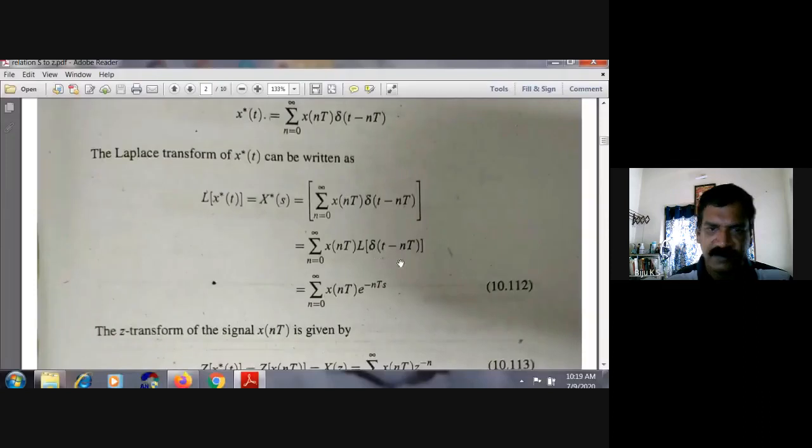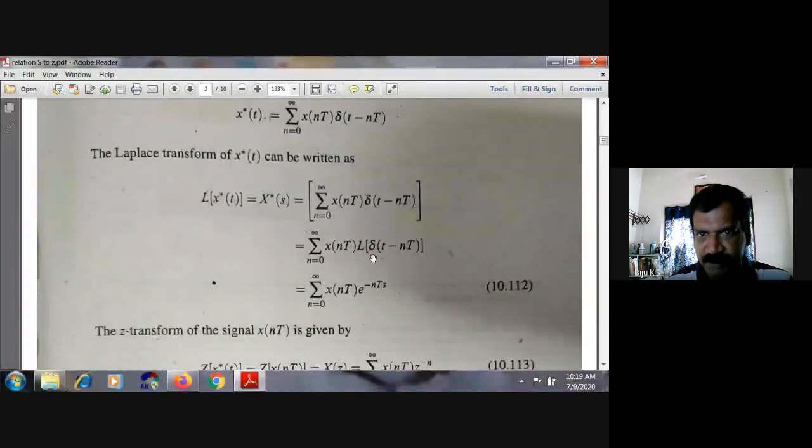That is equal to the summation from n equals 0 to infinity of x of nT e raised to minus nTs.